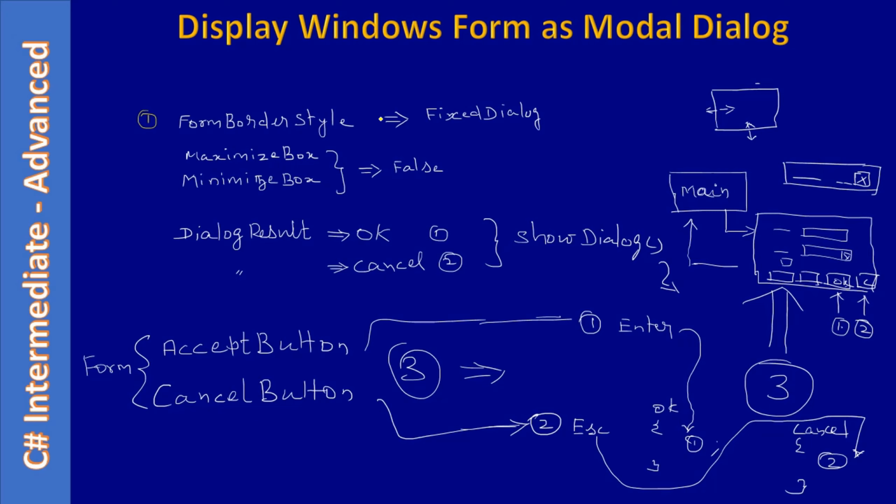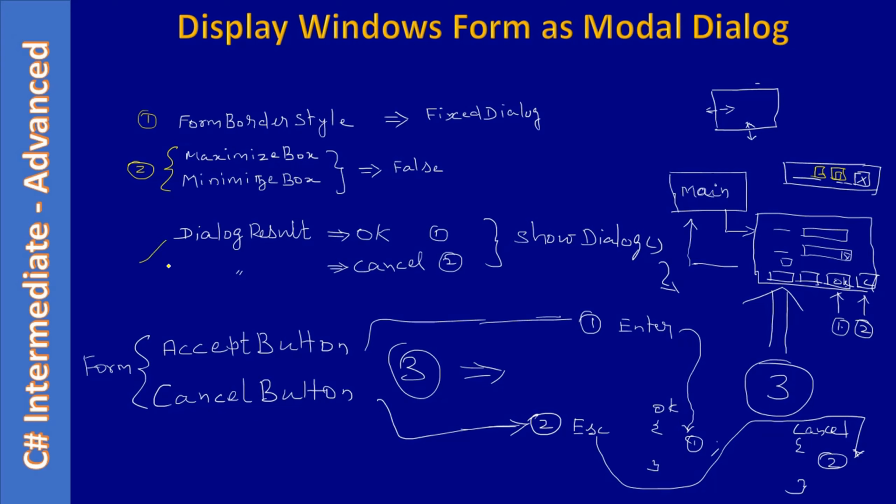A dialog usually has a fixed size, though sometimes you may have a resizable dialog also, but for our example we are setting the border style as a fixed dialog. Then we set maximize box and minimize box to false, just to hide the minimize and restore buttons.